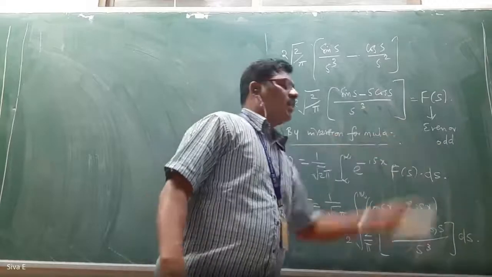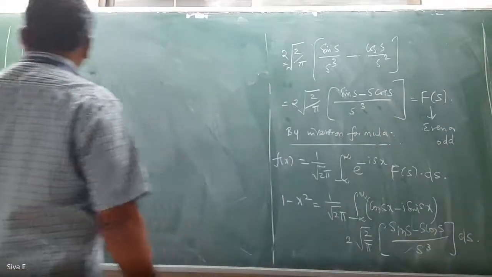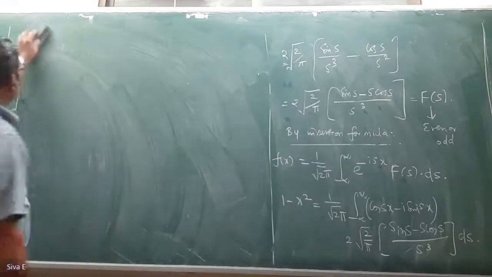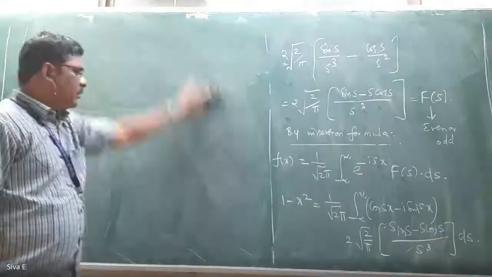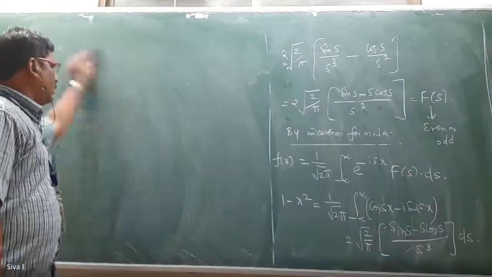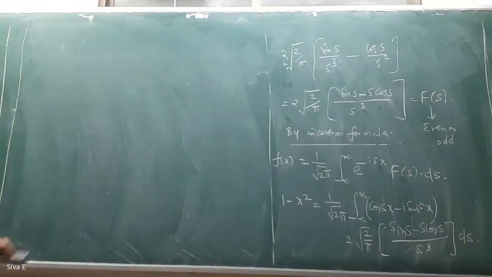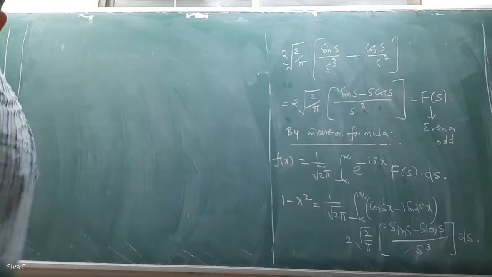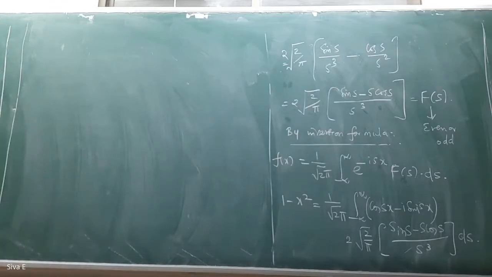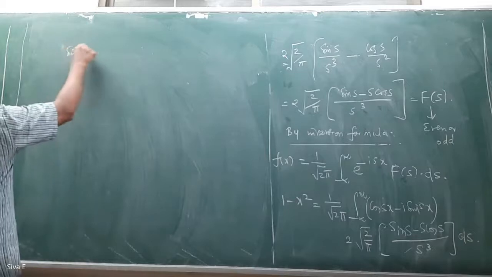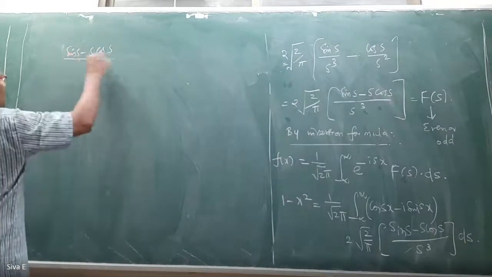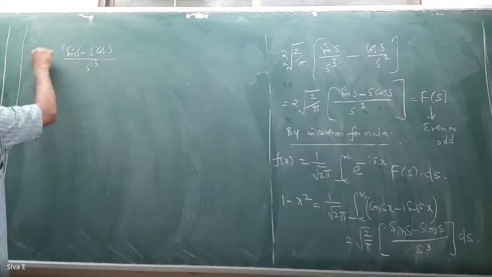Is it an even function or an odd function? Anybody? Sin s minus s cos s by s cube. It is f of s.